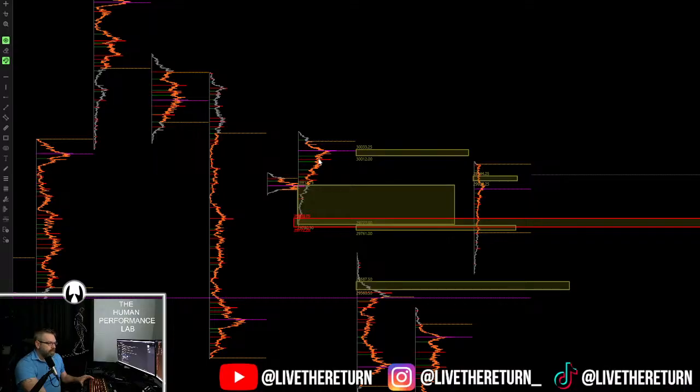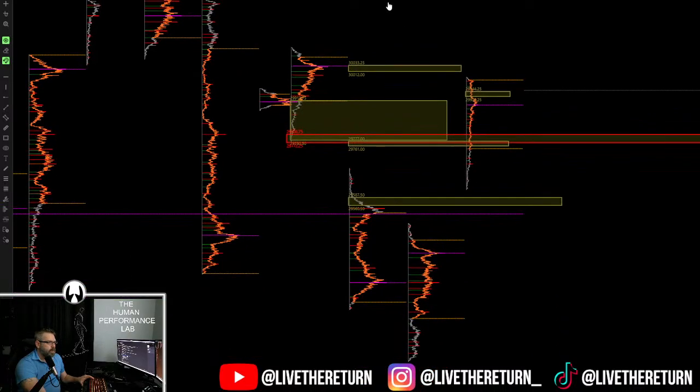You see the difference? We had high volume down here, in here, and here. But this day had less volume even in the lowest volume area of this particular profile. Very, very low volume. So we went up on low volume.